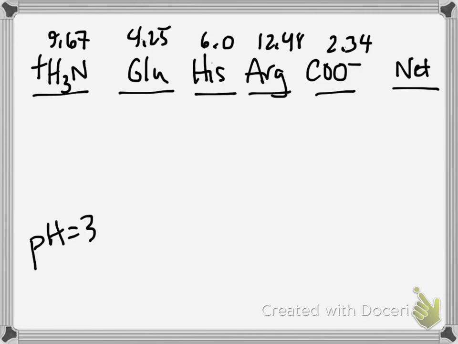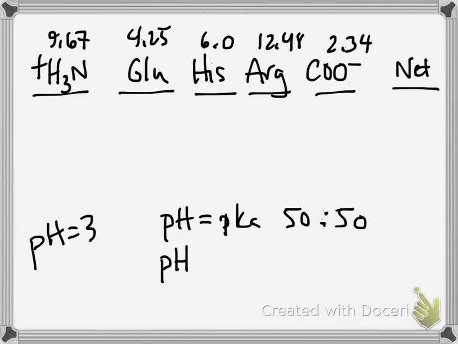We know that when the pH equals the pKa, you've got 50-50 of each of the forms, protonated and deprotonated. When the pH is greater than the pKa, you're going to have more deprotonated form. So I'm going to put A- because we're familiar with that terminology.